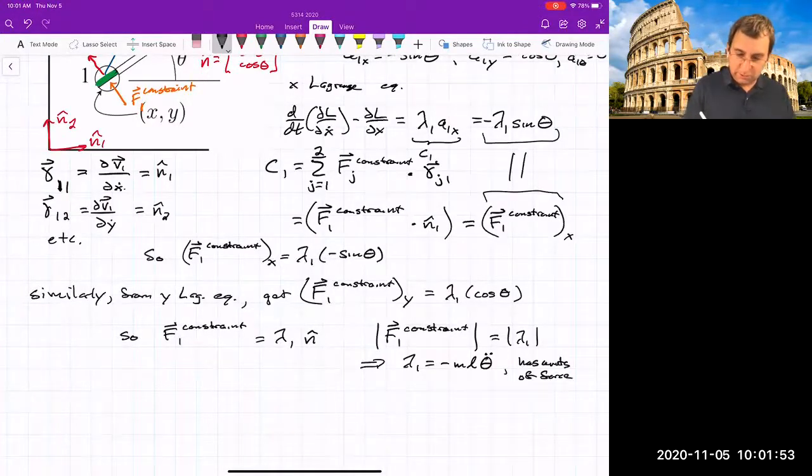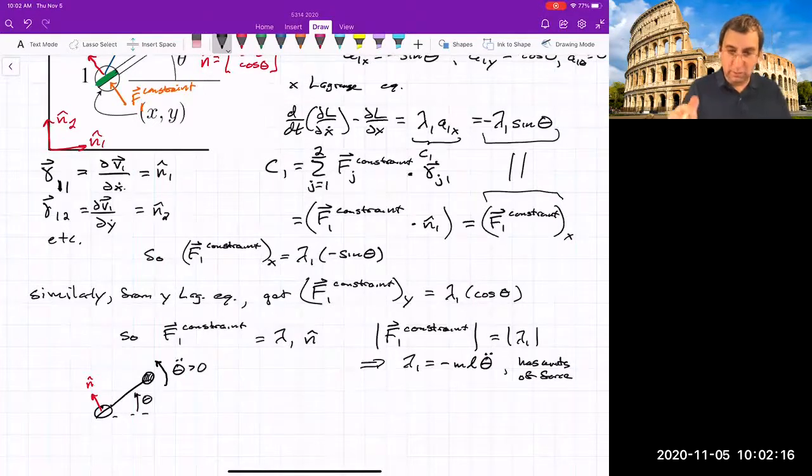So if we were to sketch just a little picture of our system, we've got this normal force. We've got, this is theta. Now imagine that this thing has an angular acceleration in that direction. So we've got theta double dot moving that way. Let me write this force of constraint just generally.